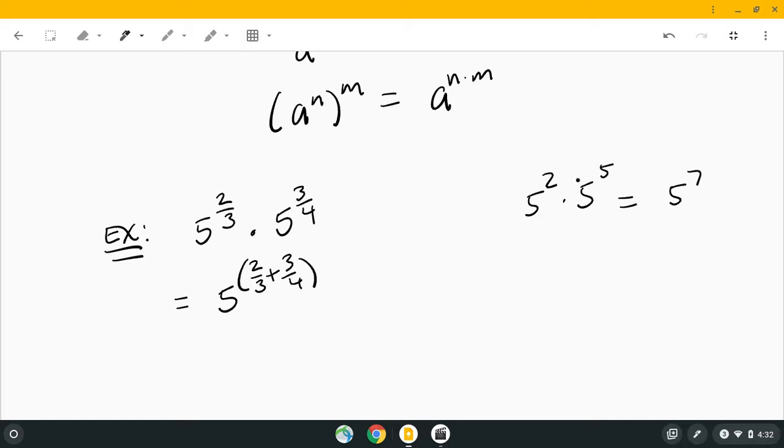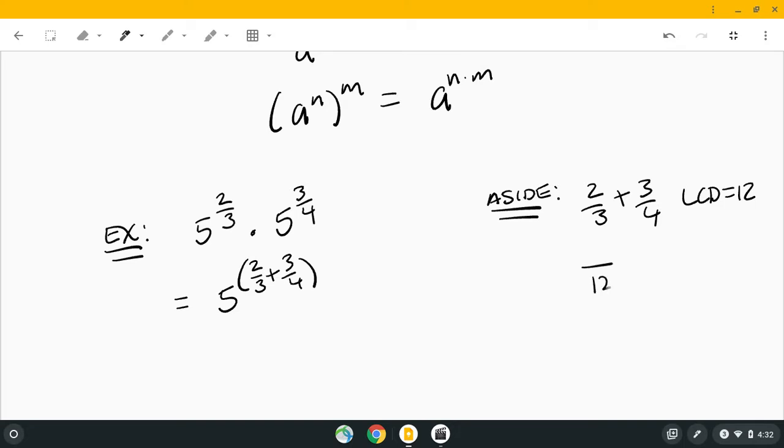So much nicer back in the good old days. All right, off to the side to do the work, because we can't add fractions in our heads. 2/3 plus 3/4. Maybe some of you can. If you remember, we need a common denominator. The common denominator between 3 and 4 is 12. So I need to make these denominators look like 12.